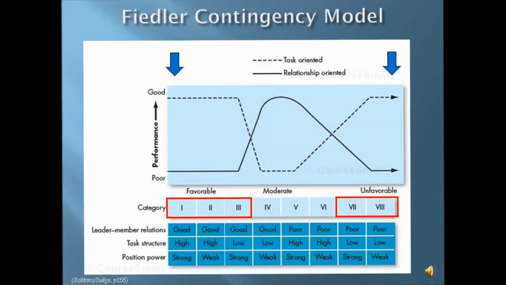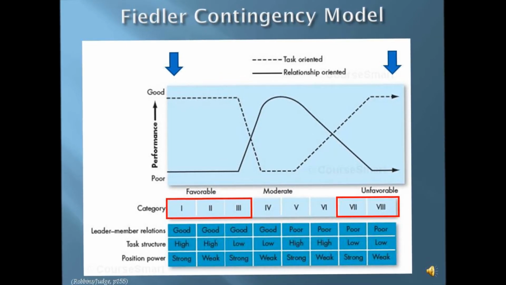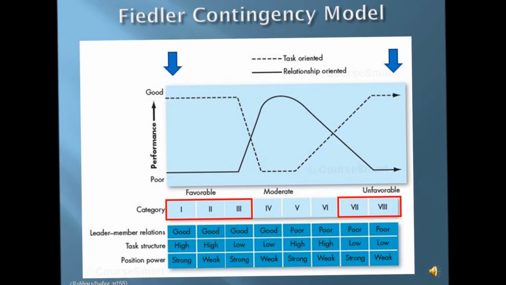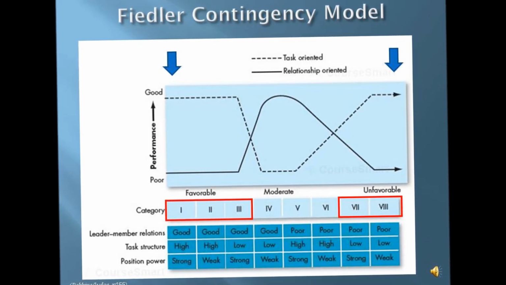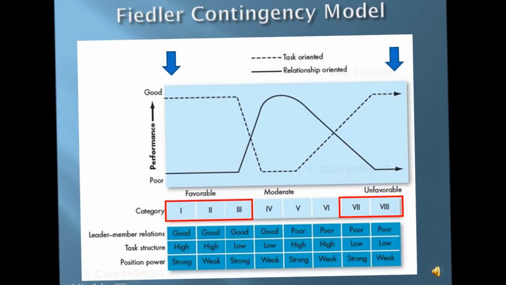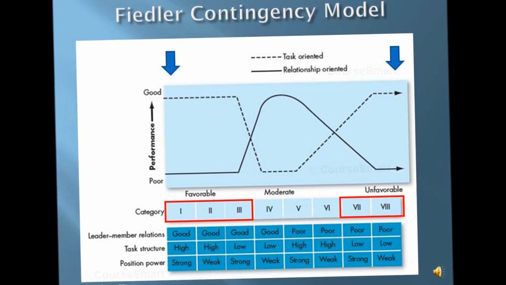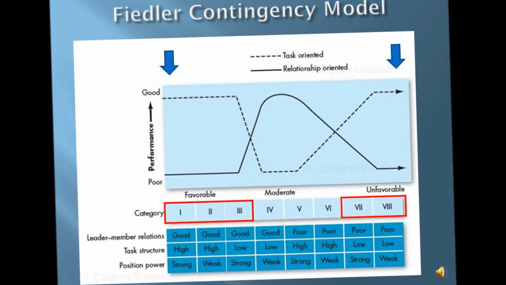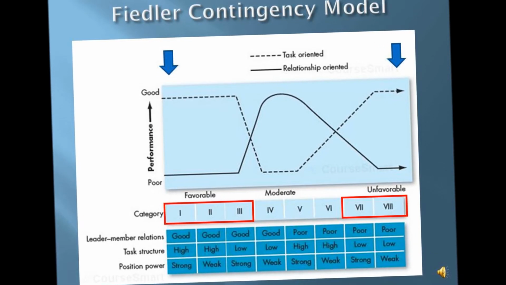This chart shows how matching an individual's LPC questionnaire score and the 8 situations can be achieved to attain the greatest leadership effectiveness. Fiedler concluded that task-oriented leaders perform better in situations very favorable to them and very unfavorable.